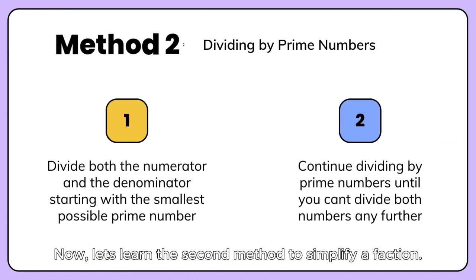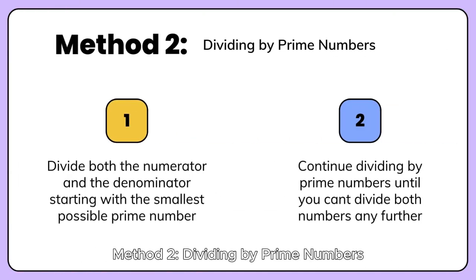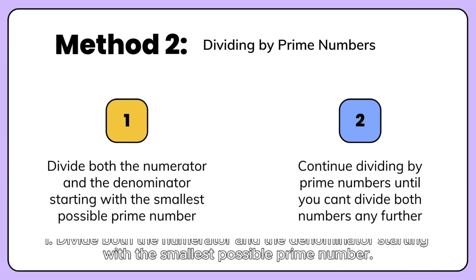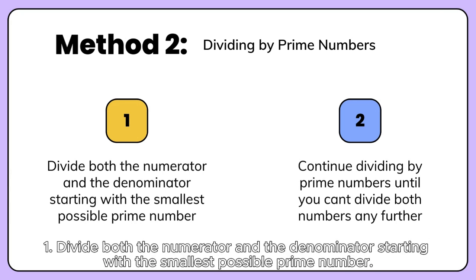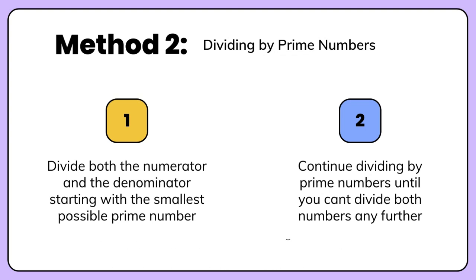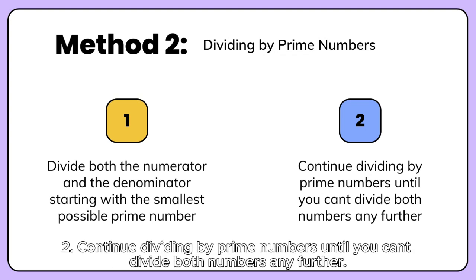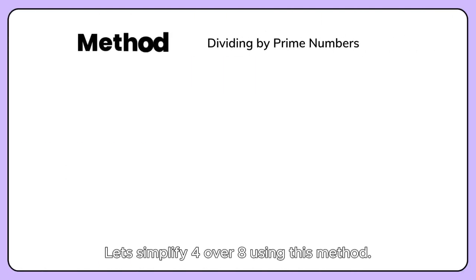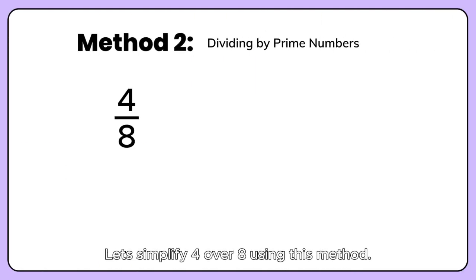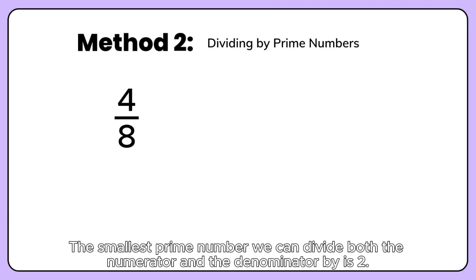Now let's learn the second method to simplify a fraction. Method 2, dividing by prime numbers. 1. Divide both the numerator and the denominator starting with the smallest possible prime number. 2. Continue dividing by prime numbers until you can't divide both numbers any further. Let's simplify 4 over 8 using this method. The smallest prime number we can divide both the numerator and the denominator by is 2.